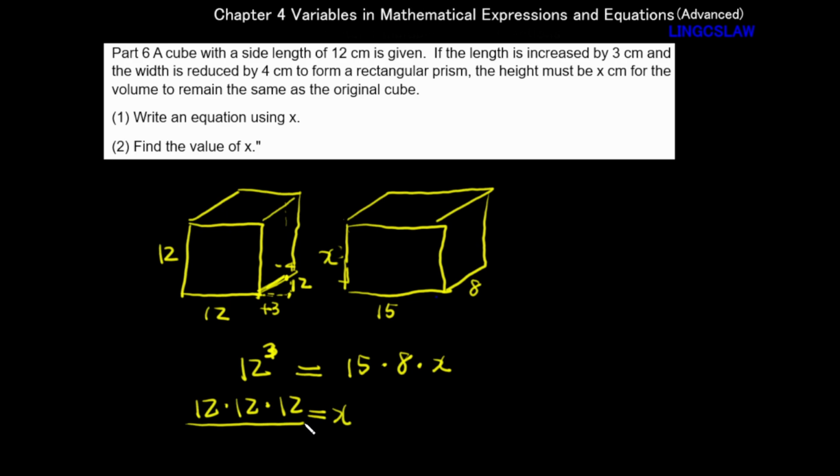Simplifying, so x equals 3 times 12 times 2, which is 72.